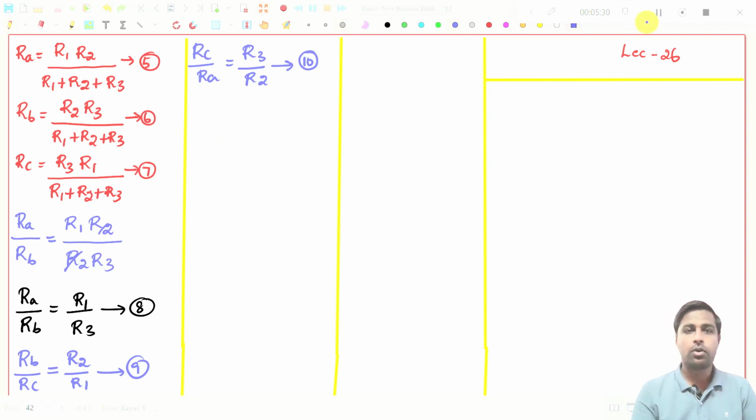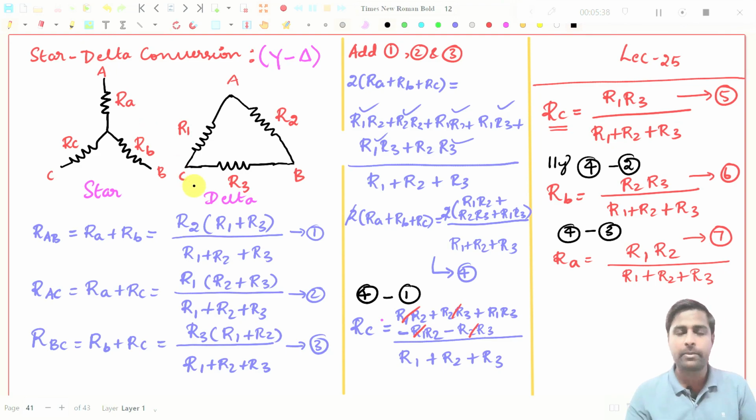Now, what is our ultimate aim? I need to find R1 in terms of only RA, RB, RC. That is my ultimate aim.